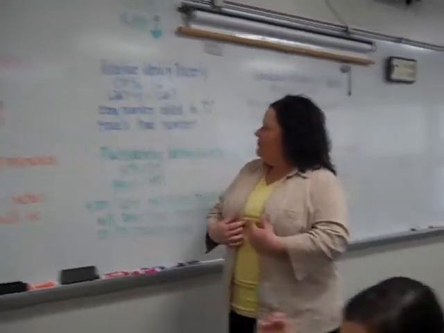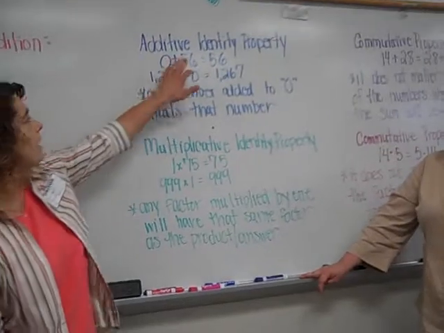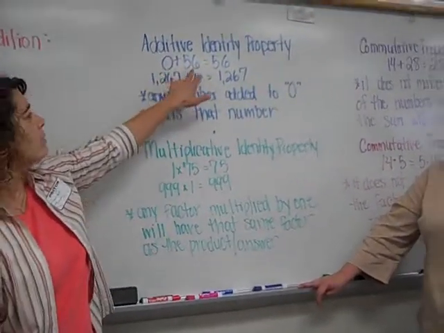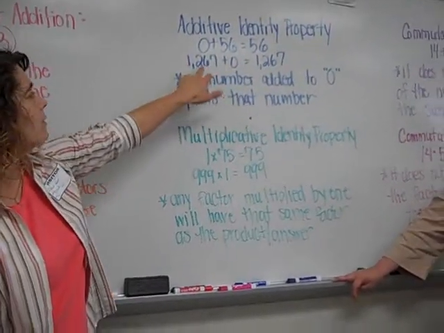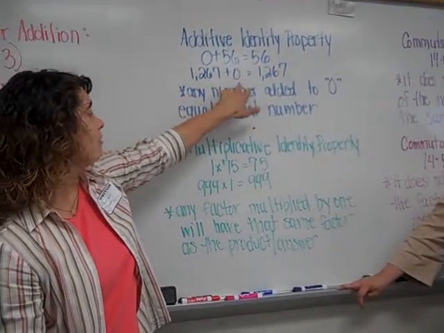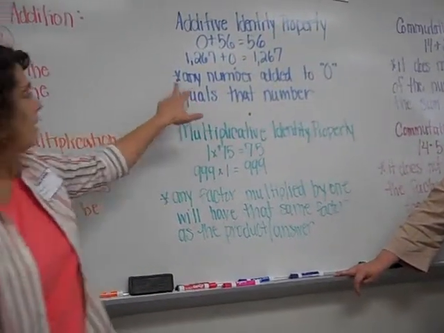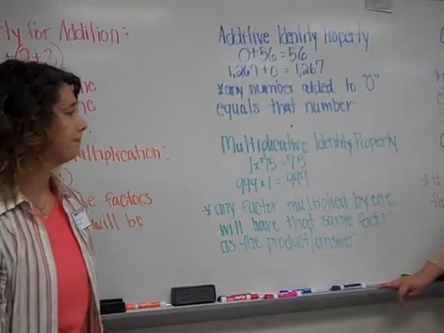Let's move on to the identity properties. We have the additive identity property, which means 0 plus 56 is still equal to 56, and 1,267 plus 0 is equal to 1,267. So any number added to 0 equals that number. Good.